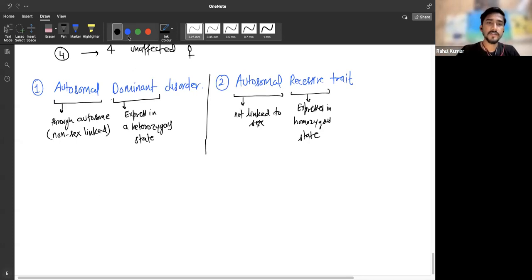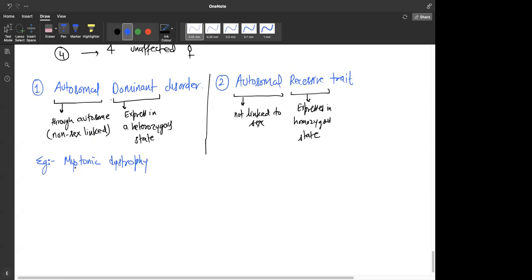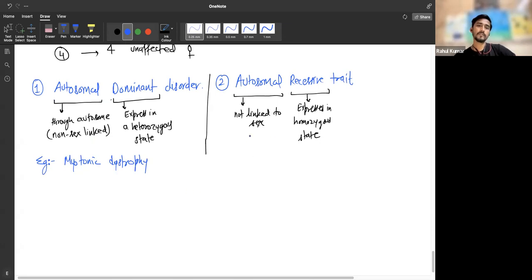Now, let's write down some examples that are asked in entrance exams. For autosomal dominant, the one that we will also be studying is muscular dystrophy or myotonic dystrophy. The word myo is for muscle.